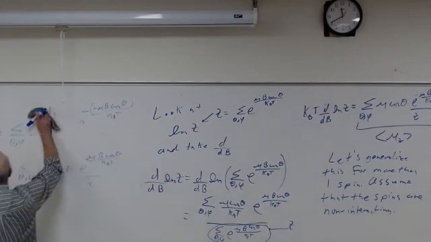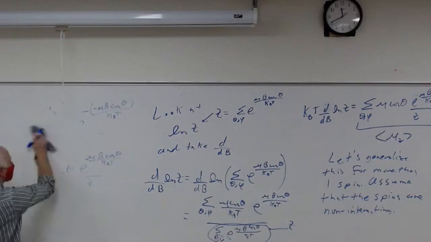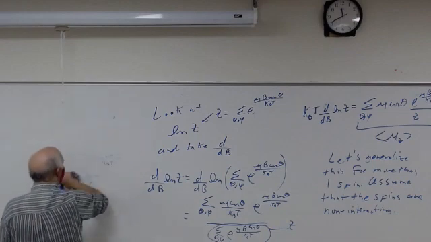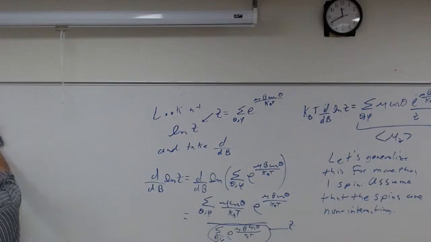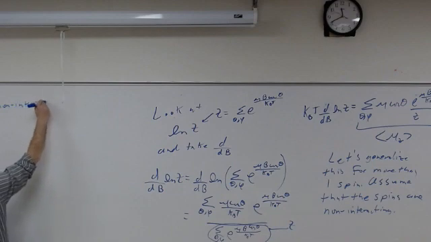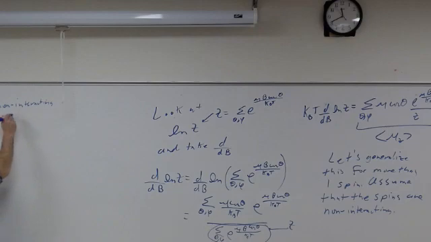So we know, but I want to go through that argument again because this is important. For non-interacting systems, Z becomes Z1 to the N power.